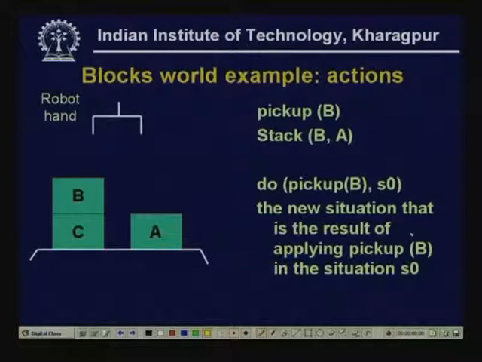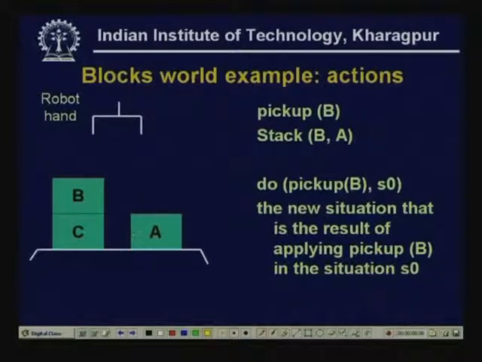The new situation, do pick up B S0, represents a new situation which arises out of executing the action pick up B on situation S0. So do pick up B S0 results in a new situation S1. Okay. So in the situation S1, on BC will not be true. So not on BC in S1.